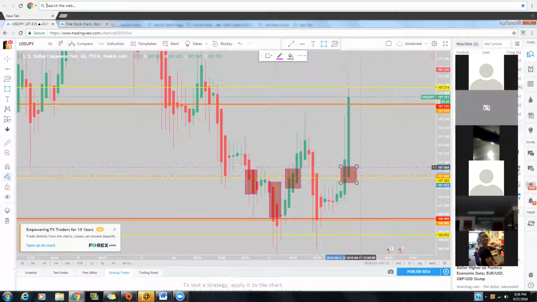Again, you want to go through your checklist, which is in your beginners folder within the beginners group, and make sure that you check off everything on that checklist before you enter into a trade. You never want to skip steps when entering into a trade, because if you do and you are wrong, you can lose money, and that's not the goal.